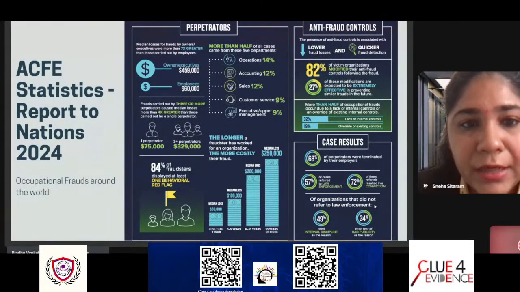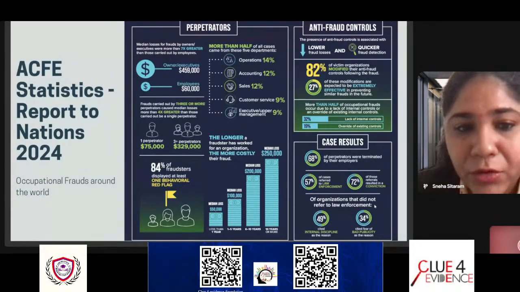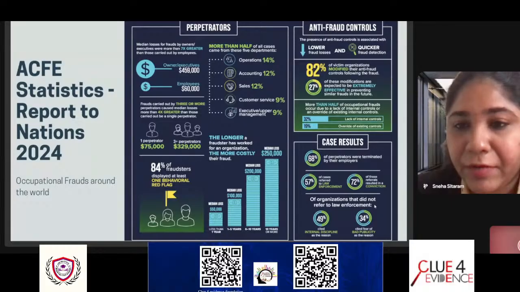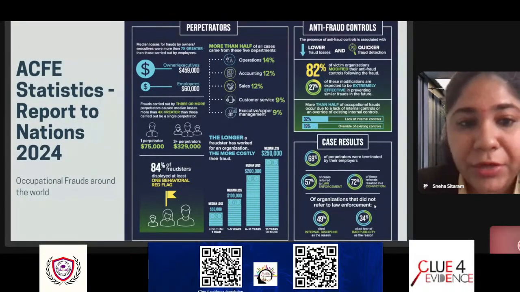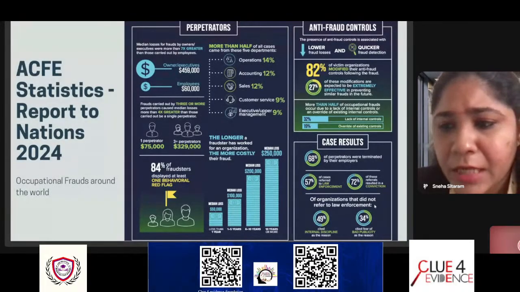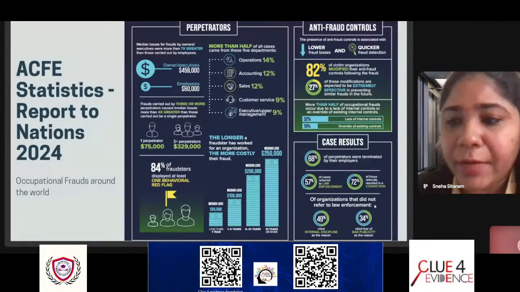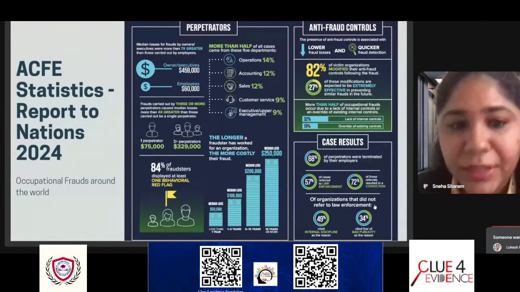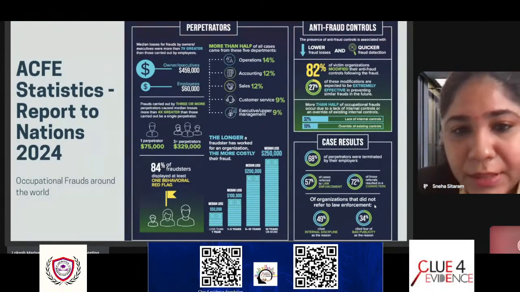These are some of the other factors by which fraudsters can be identified. Even their behavioral concerns can be one of the trigger points to identify red flags. And how are these frauds being detected? Nearly most of them are detected through tips, which is what we also saw. And what happens in the end result?